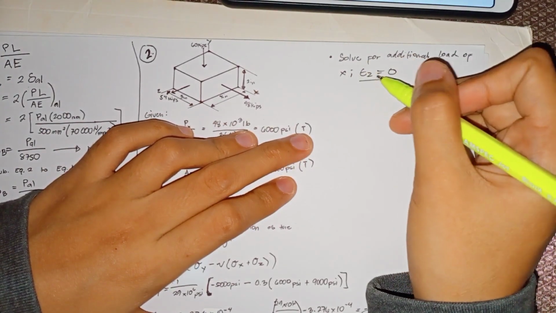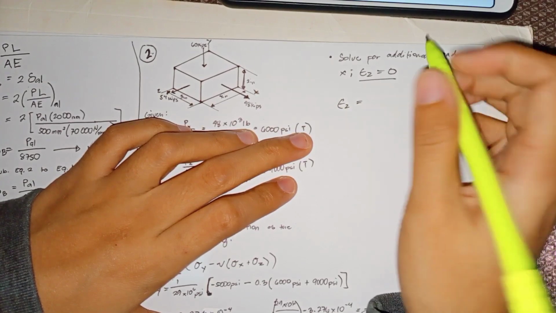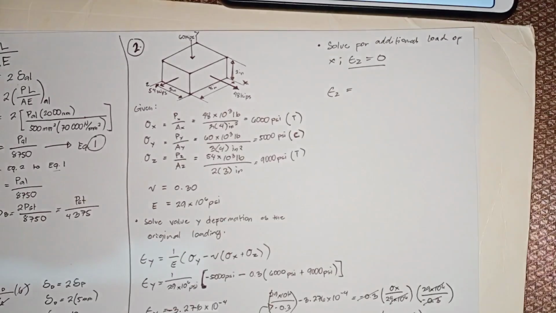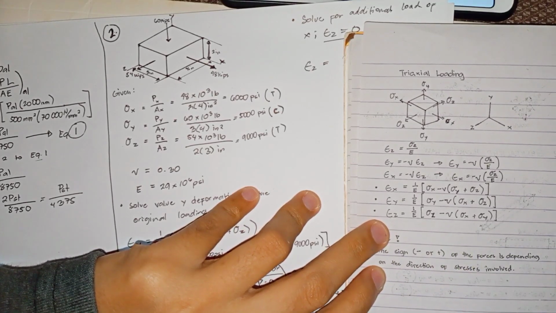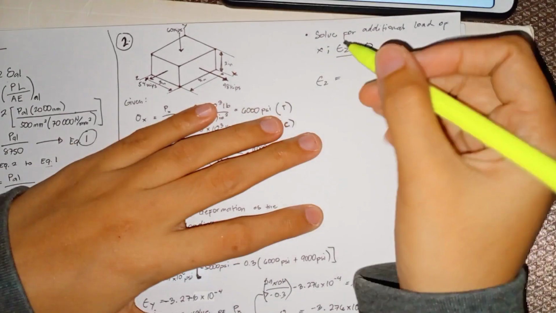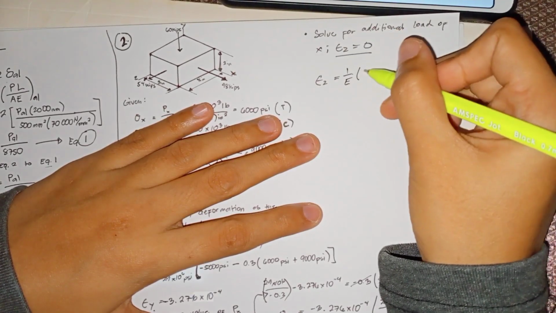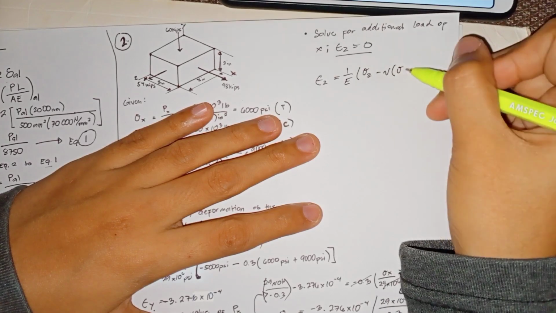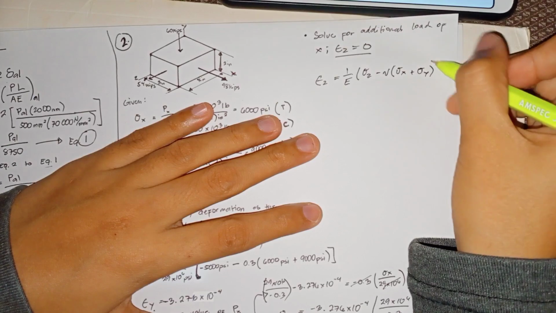So, ang gagamitin naman natin ngayon is yung formula ni strain Z. So, nandito. Ito ang gagamitin natin. So, that is 1 all over E. Multiply natin siya sa stress of Z minus nu multiply by stress of X plus stress of Y.